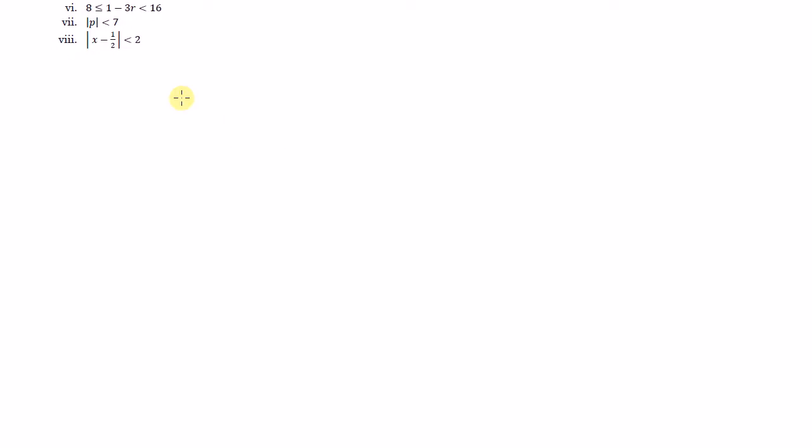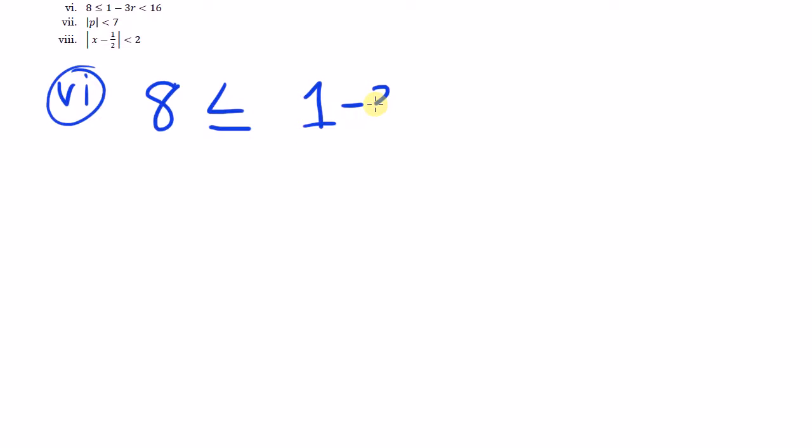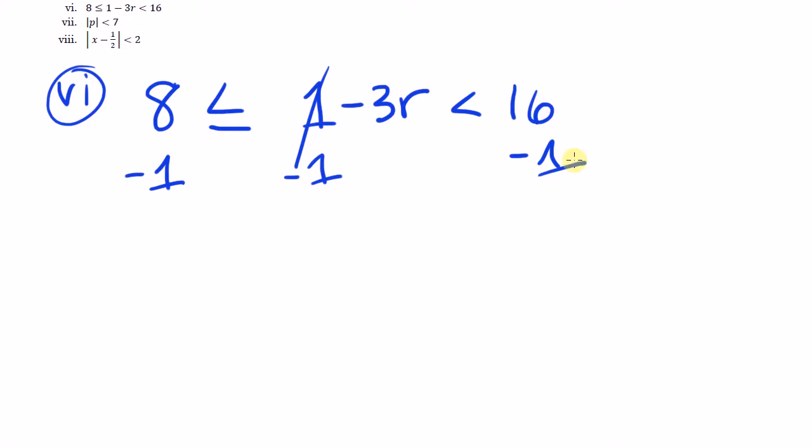All right, and now we look at number 6. It says that 8 is less than or equal to 1 minus 3r is less than 16. So we're going to subtract 1 from both sides. And we're going to get 15, -3r. 8 minus 1 is 7.